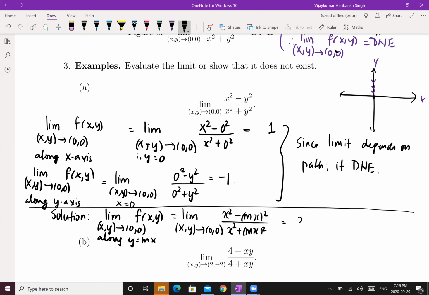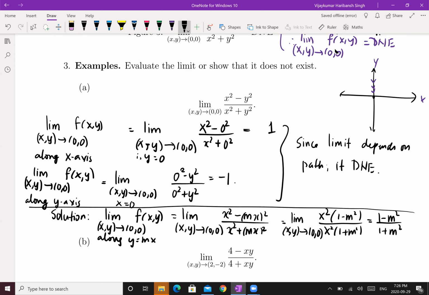Take x squared common: x squared (1 minus m squared) over x squared (1 plus m squared). I can cancel out x squared, and that is simply (1 minus m squared) over (1 plus m squared).